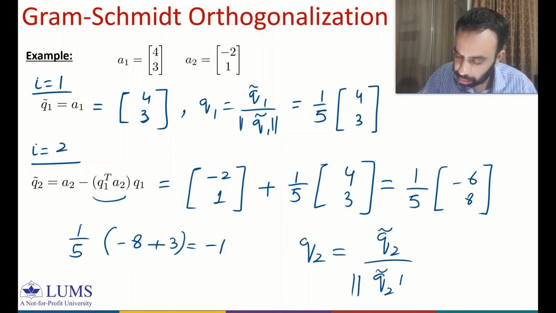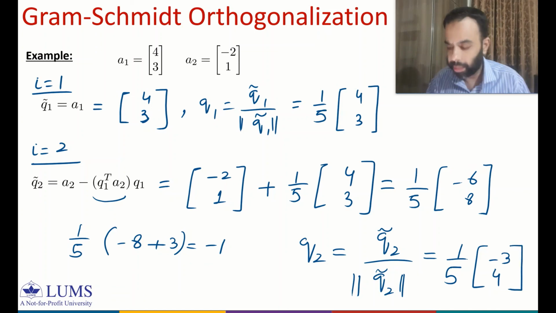The norm of Q2 tilde is the square root of 36 plus 64, which is the square root of 100, that is 10, divided by 5, which is 2. What you get is Q2 equal to 1 over 5 times (minus 3, 4). So Q1 and Q2 are orthonormal vectors. They are unit norm and orthogonal to each other.